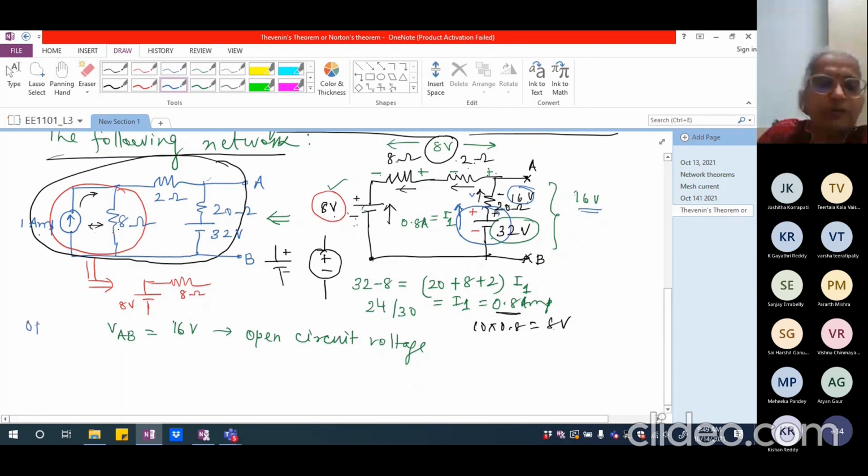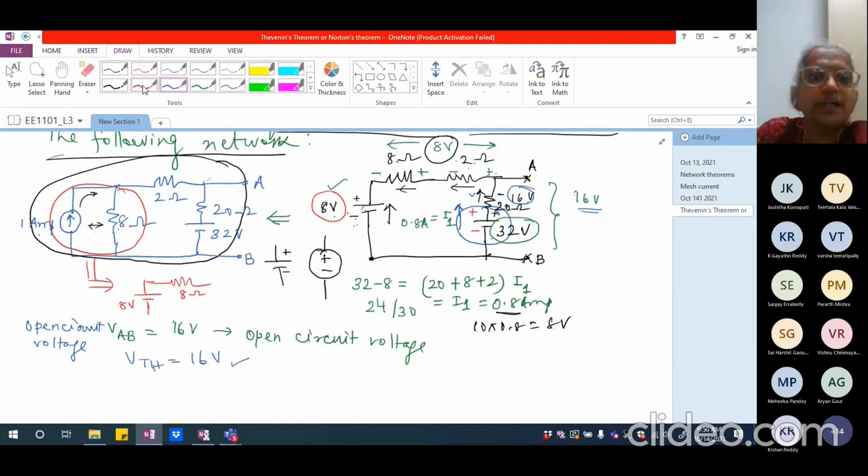Okay, so open circuit voltage across AB is going to be 16 volts. So this is the Thevenin's voltage that I am getting. If I am asked to draw the Thevenin's equivalent circuit as per the terminals A and B, I am getting an open circuit voltage of 16 volts.